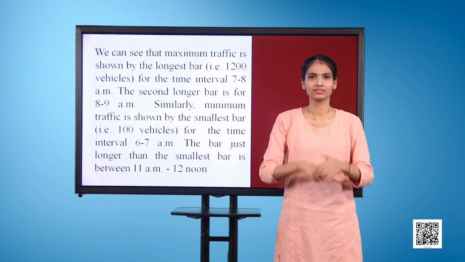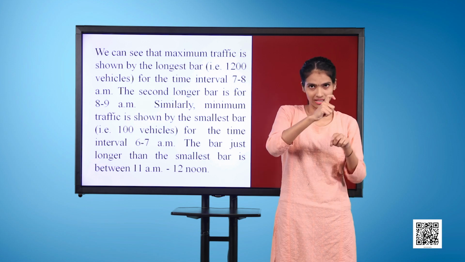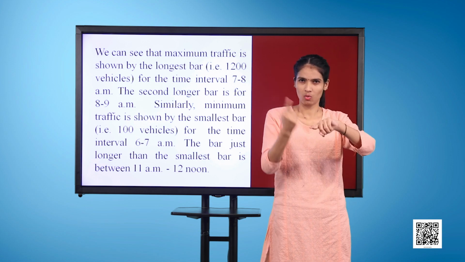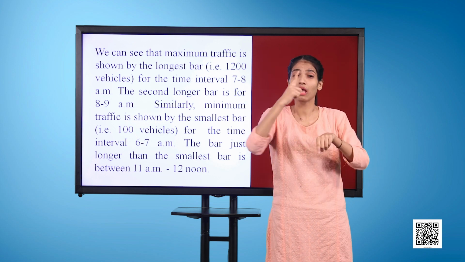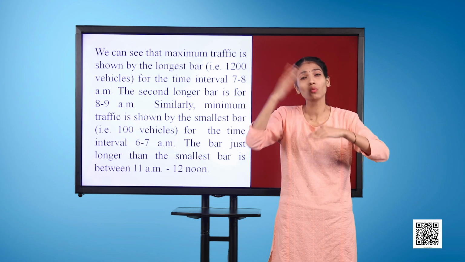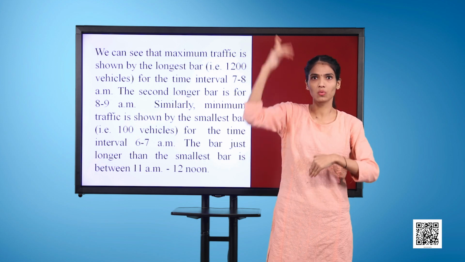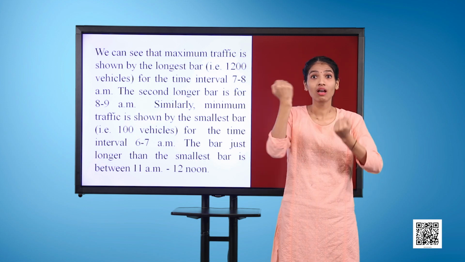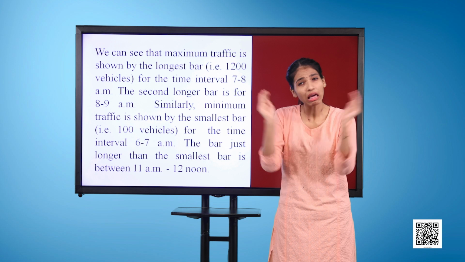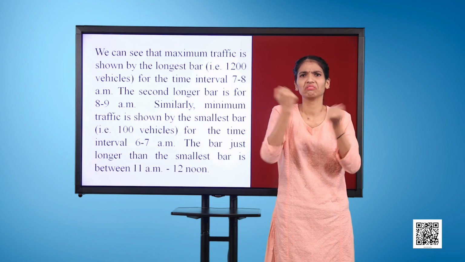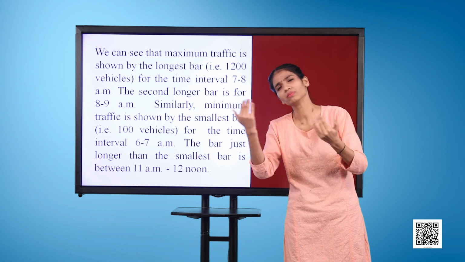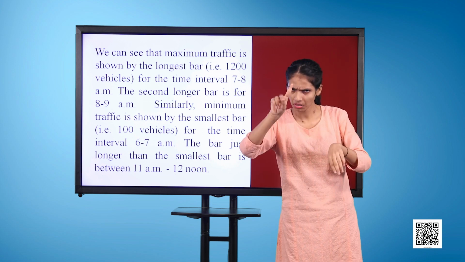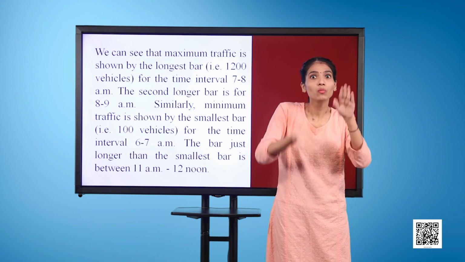We can see that maximum traffic is shown by the longest bar, that is 1200 vehicles for the time interval 7 to 8 a.m. The second longer bar is for 8 to 9 a.m. Similarly, minimum traffic is shown by the smallest bar, that is 100 vehicles for the time interval 6 to 7 a.m. The bar just longer than the smallest bar is between 11 a.m. to 12 noon.